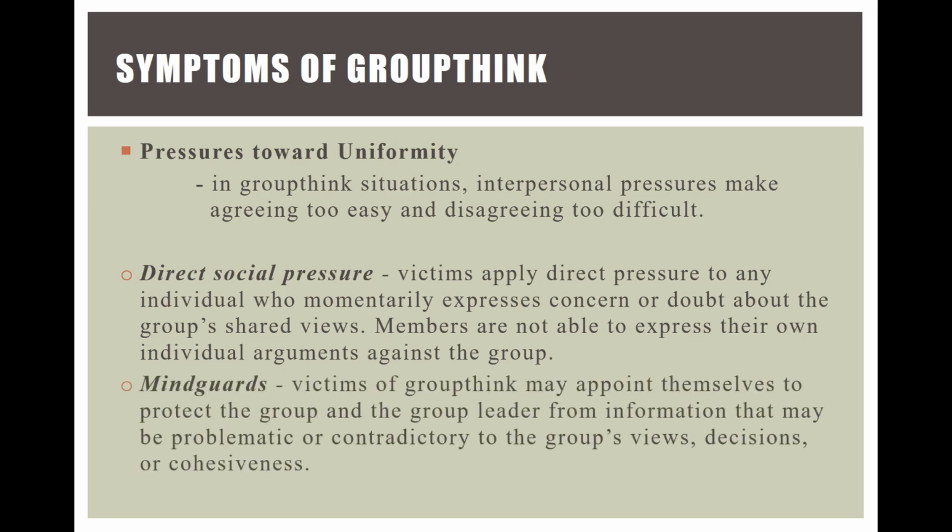And the last indicator is mind guards. This is when victims of groupthink may appoint themselves to protect the group and the group leader from information that may be problematic or contradictory to the group's views, decisions, or cohesiveness. In this so-called mind guard, an indicator of this symptom, it diverts controversial information away from the group by losing it, forgetting to mention it, or deeming it irrelevant and thus unworthy of the group's attention.